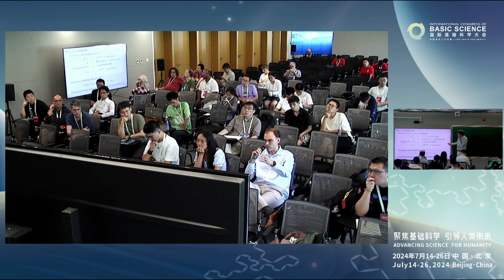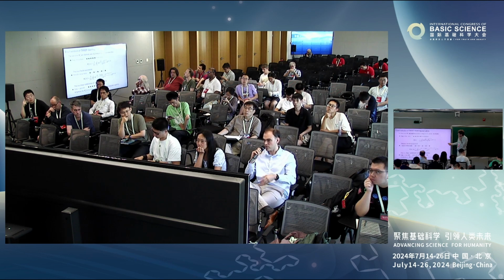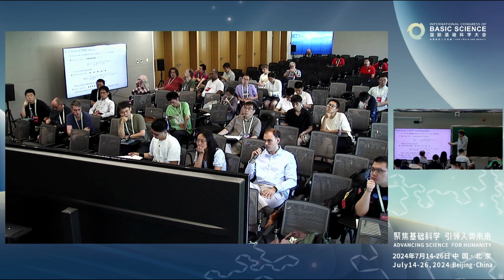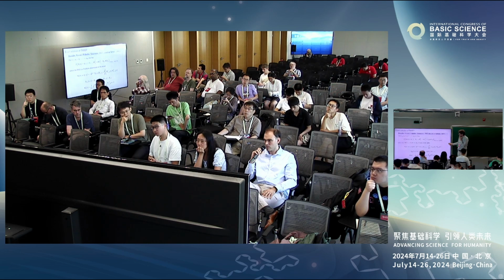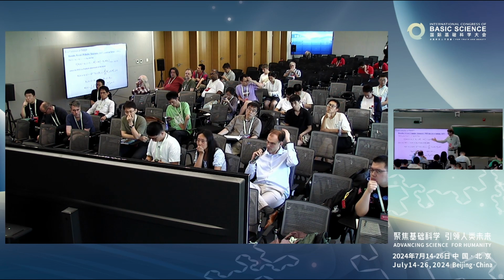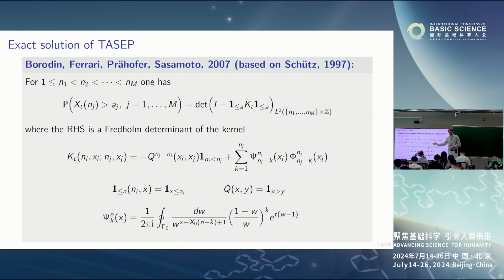Basically, we know how to work with models for which we have Fredholm determinants, and the kernel is given by the solution to the Riemann-Hilbert problem. We know how to solve only these models.